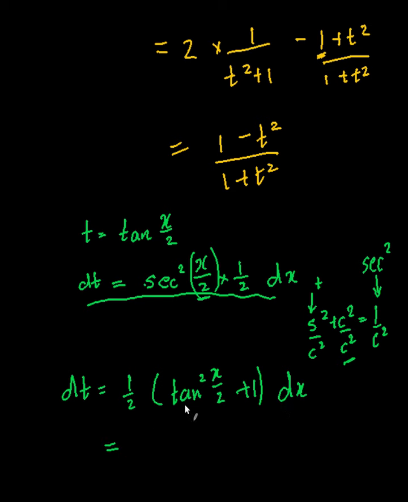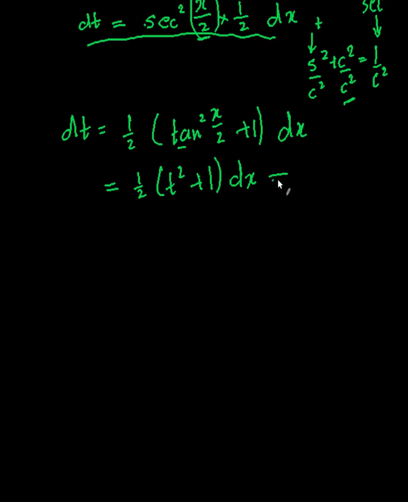The last line, the tan squared is actually t squared, right? So I will have half t squared plus 1 dx. So what is dx? This can be rewritten as dx is equal to 2 dt over t squared plus 1. Okay, all right.